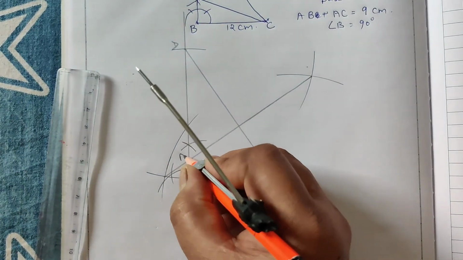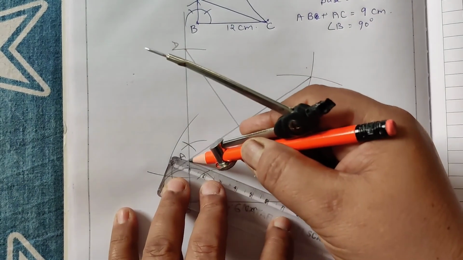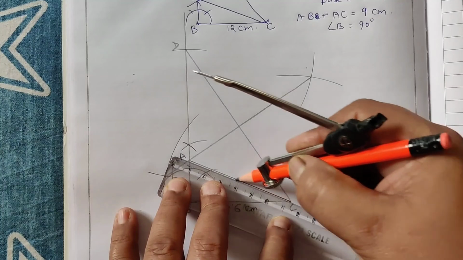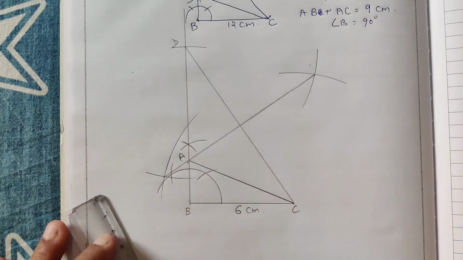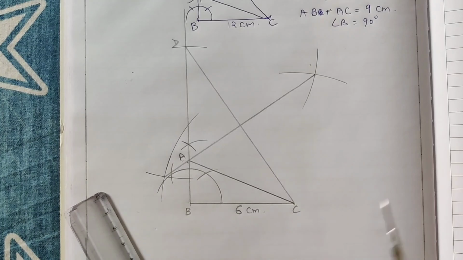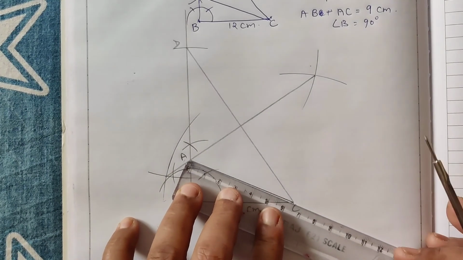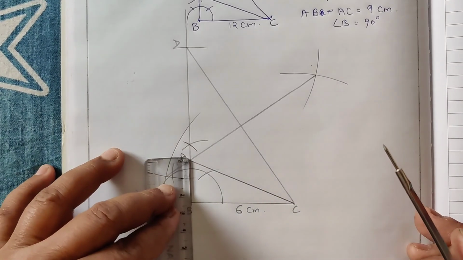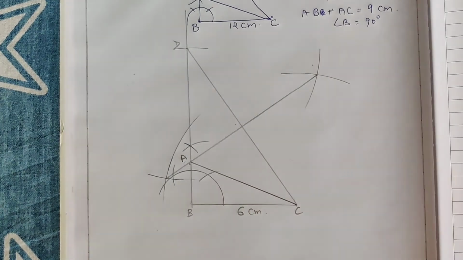This point is A. Now join A and C. ABC is the required triangle. The sum of the hypotenuse and the other side is 9: 6 and approximately 6 and 3. The sum of these two sides is 9.